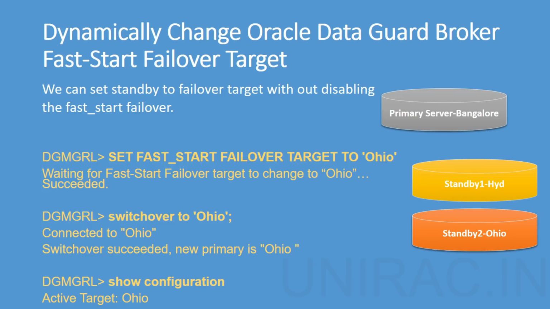The Ohio server, which was your previous standby, is now primary. We can verify using show configuration, which shows the active target as well. So this feature helps in setting up the fast start failover target standby server.